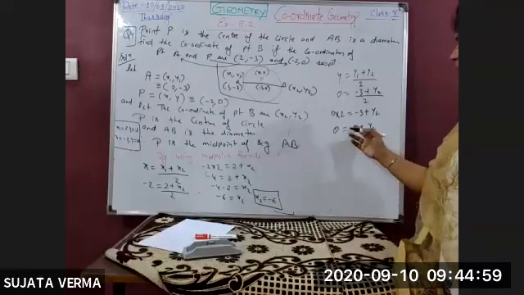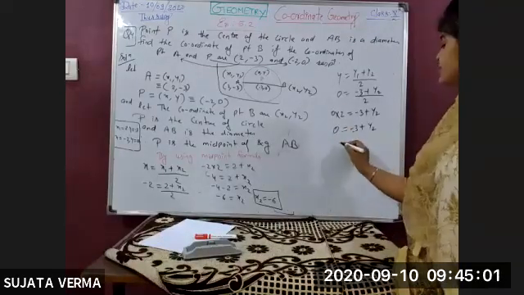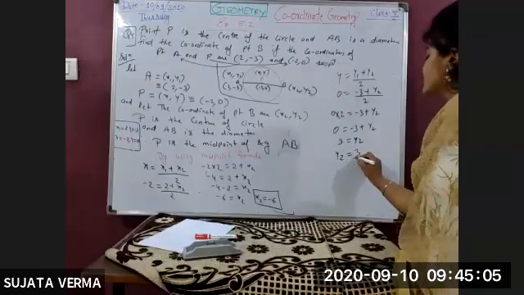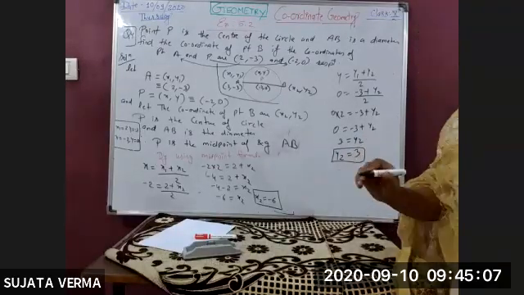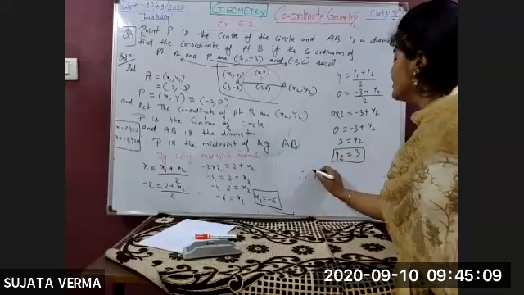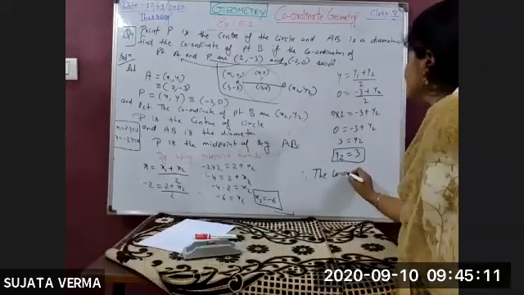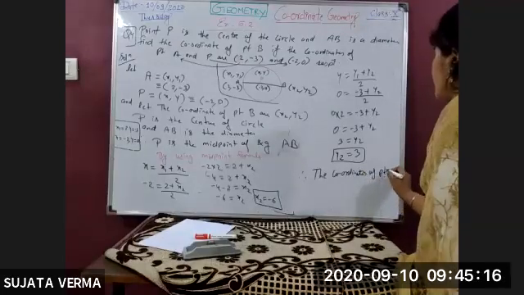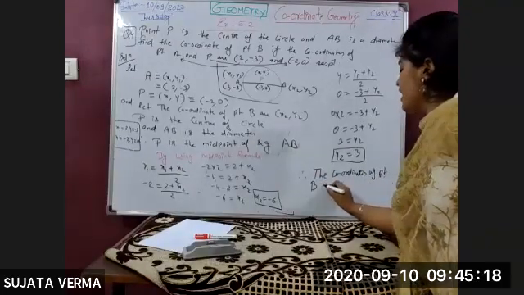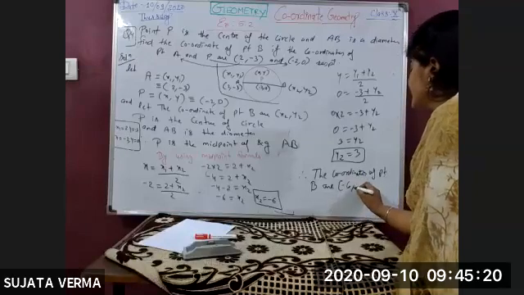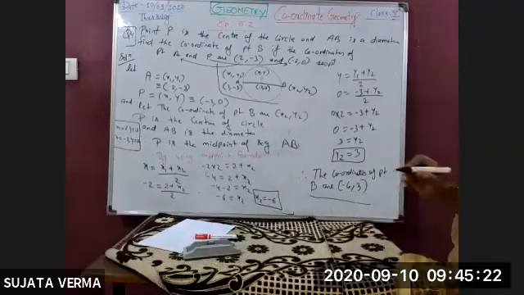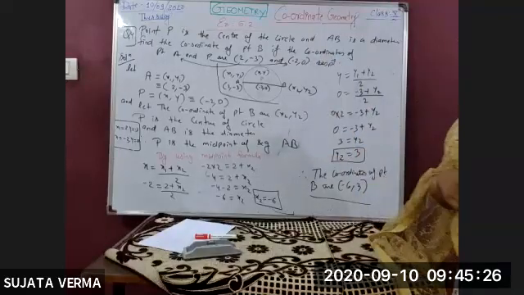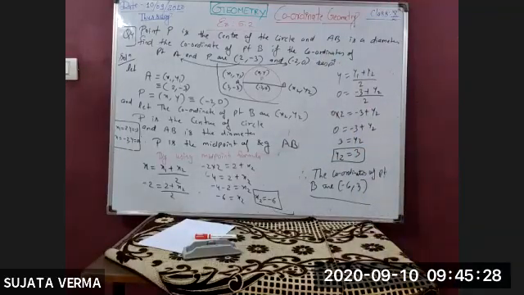When we take -3 to the right side, we get y2 is equal to 3. So finally, we get the coordinates of point B are -6, 3. Okay? Clear? Now take the screenshot.